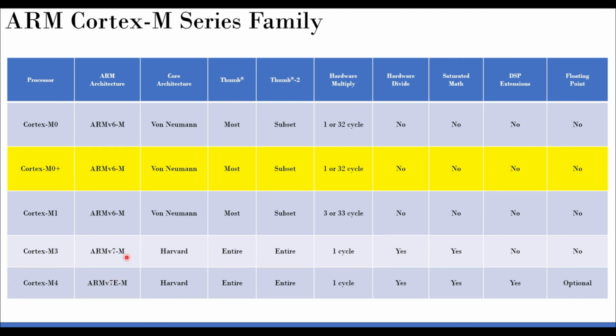In fact, the software instruction layout is the same from M0 to M1. The only small architecture difference is this 1 or 32 cycle option between these two. And then of course, floating point is not supported in any of them except the last one, where it is an optional feature.